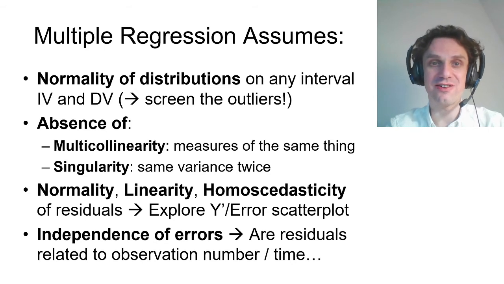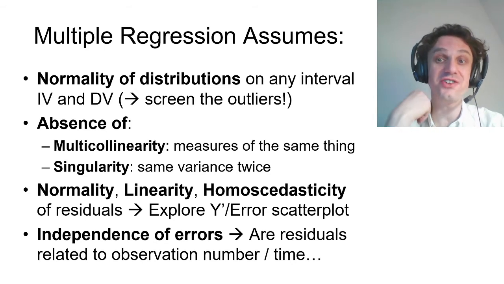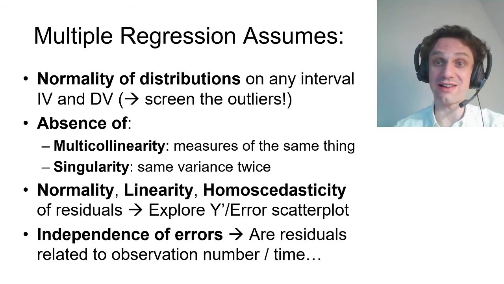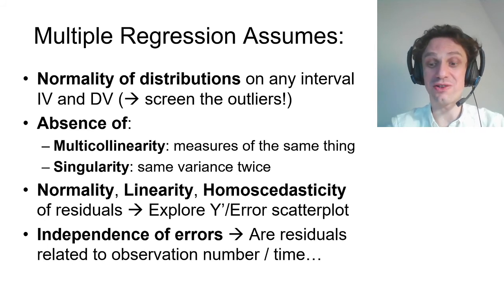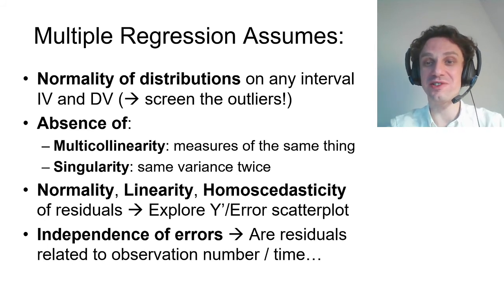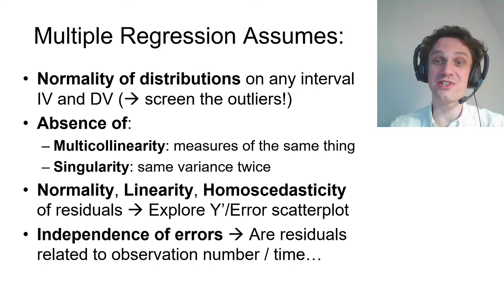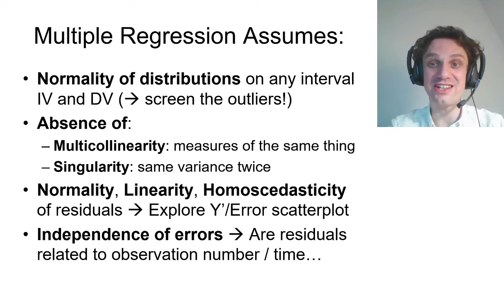Some assumptions of regression also concern residuals. So these errors that are left after we have explained some portion of variance are supposed to be normally distributed. They are supposed to be linearly related to your predicted score, and the distribution is supposed to have the same shape across all the range of the dependent variable. This is called homoscedasticity.